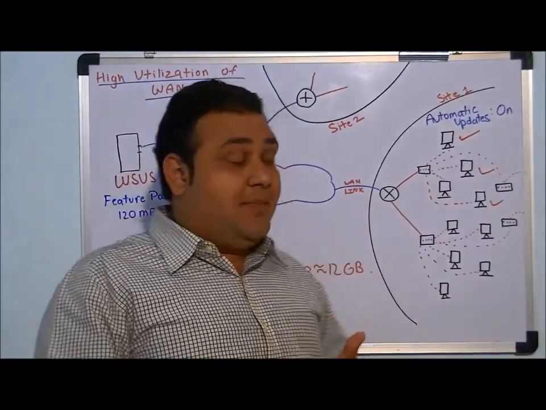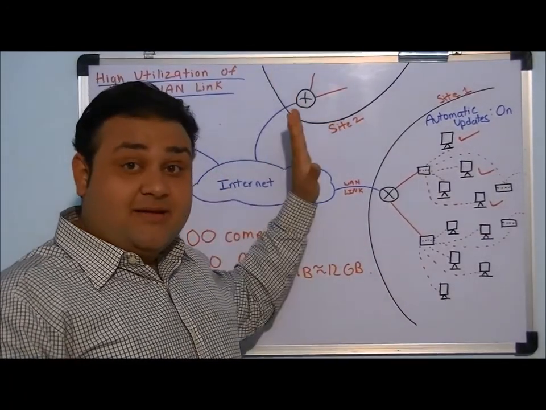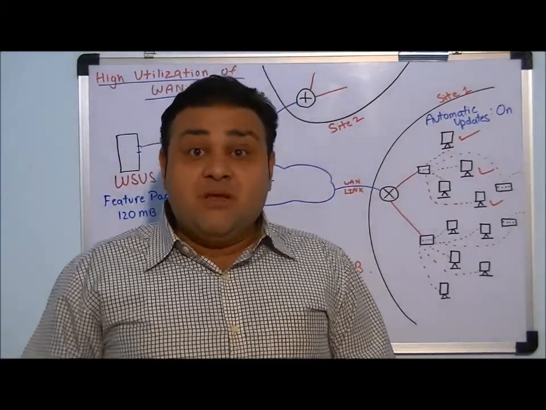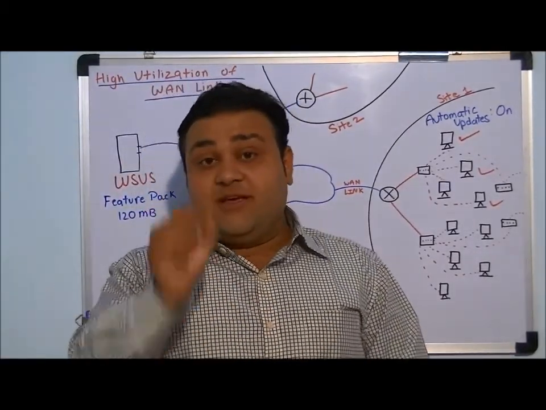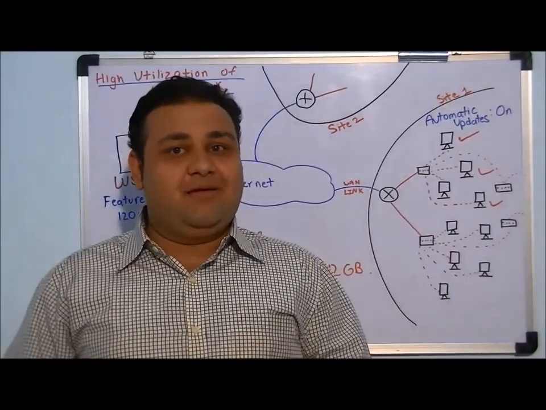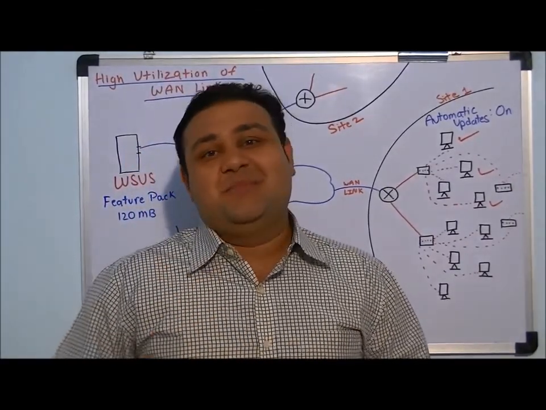And it might also happen that through this WAN link, other branch offices which are connected might also face connectivity issues. So as we can see, this is one of the issues, that is high utilization of the WAN link which our networks face if they don't have an internal WSUS server.